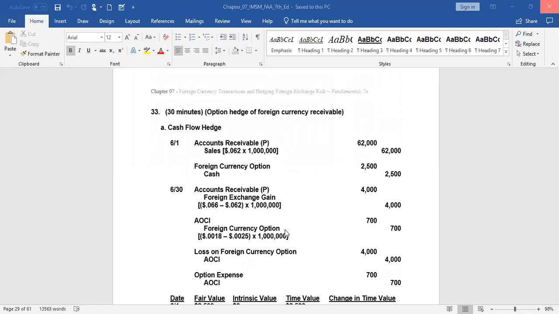So this is a loss, and it decreases our foreign currency option account by the $700. The loss is recorded in accumulated other comprehensive income under a cash flow hedge. That's where GAAP wants us to put that amount.